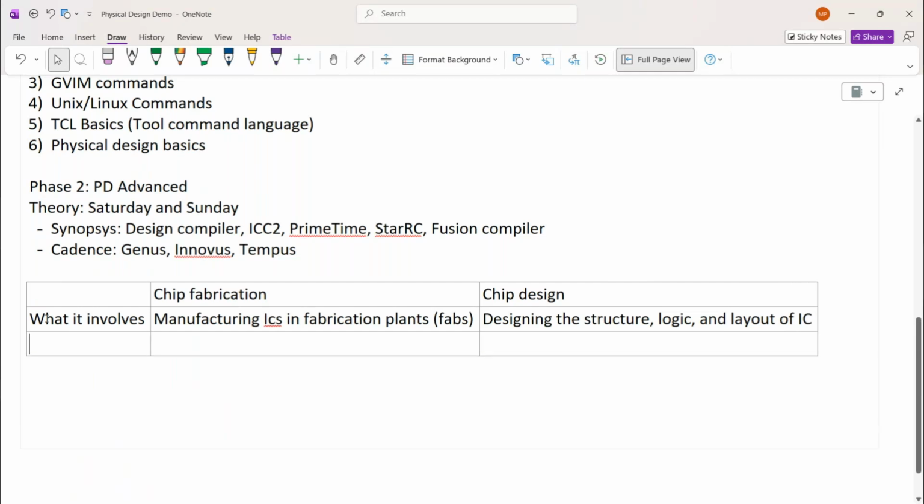We are the ones related to design. Then who does chip fabrication? Have you ever heard about foundries like TSMC?